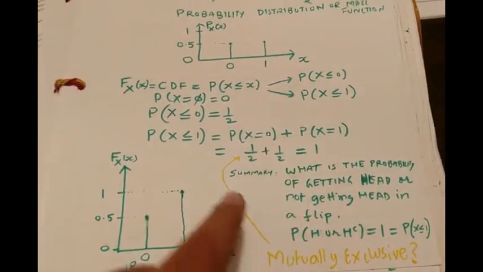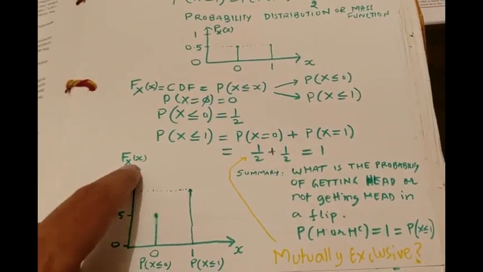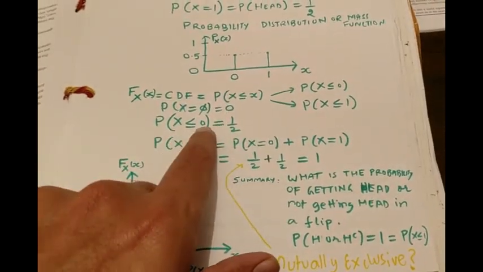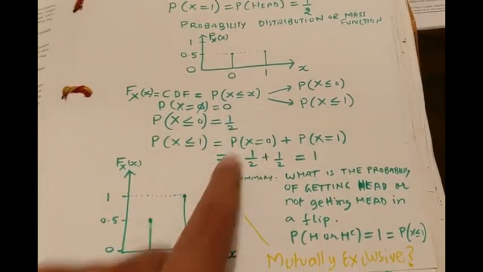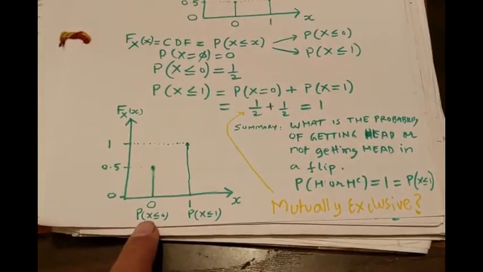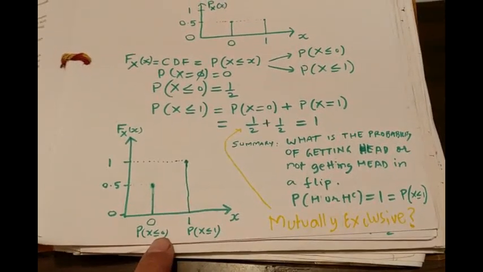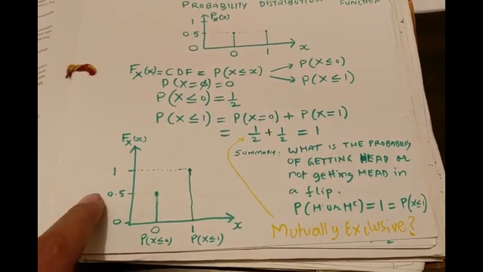How do we calculate it? How do we graph the cumulative distribution function? We first go for the probability of random variable x taking a value less than or equal to 0, which is say tails, which is 1 by 2.